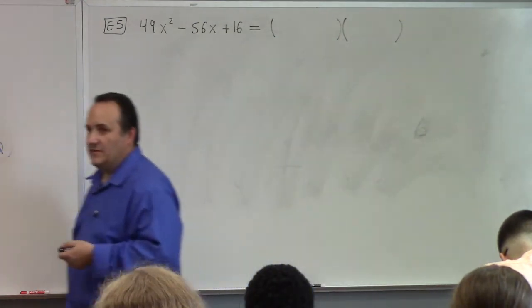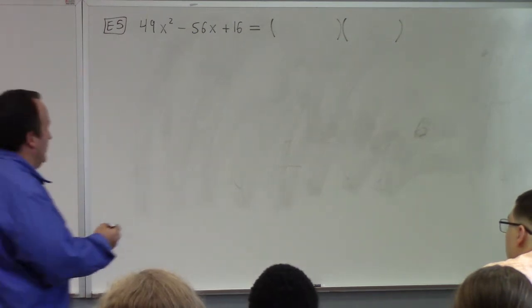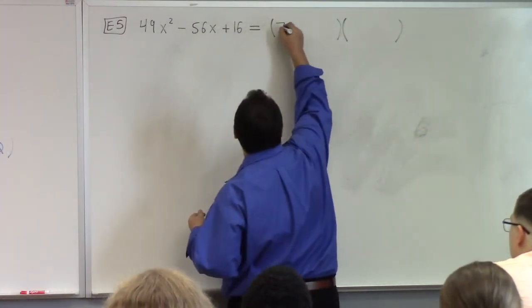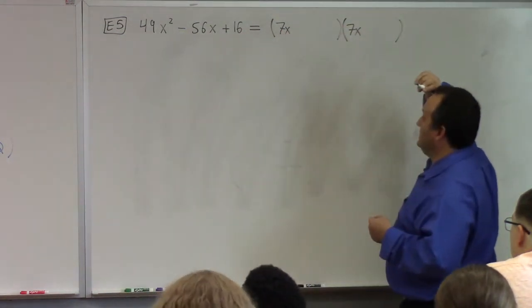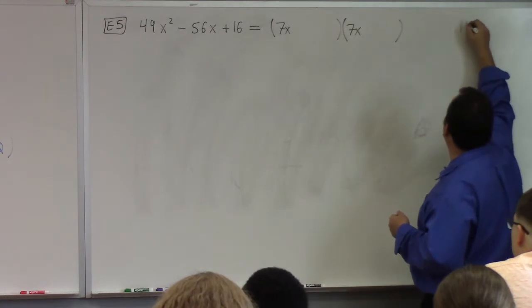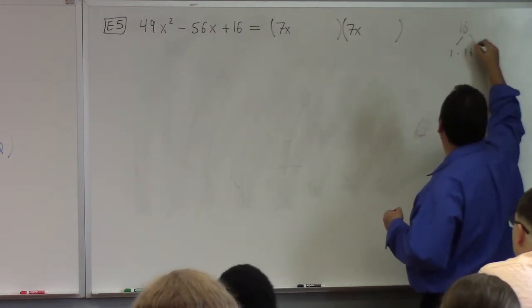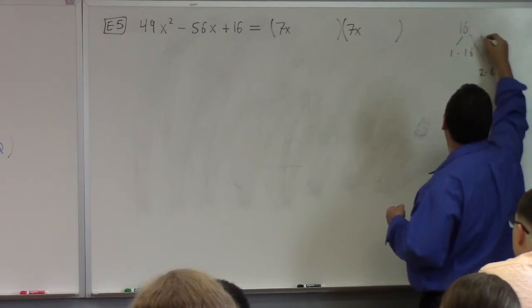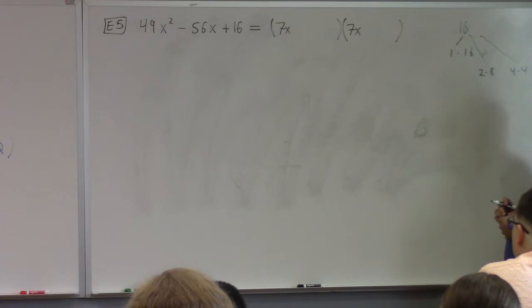so this one's annoying, right? Because it doesn't have x squared. It's got that 49x. So I guess we can put 7x, right? We can try that. 16 is what? So we get 1 times 16, or 2 times 8, or 4 times 4, plus or minuses of those. I guess we need some minuses, right?